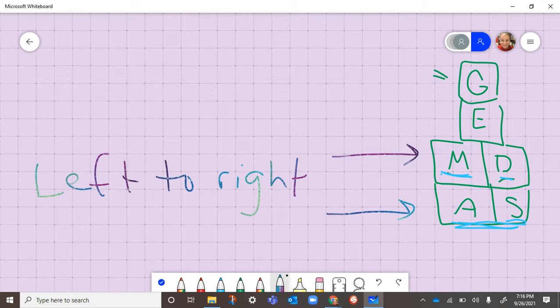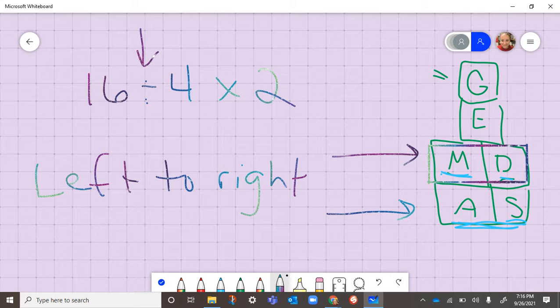So if I have 16 divided by 4 times 2, I always choose what's on the left first because those are side by side. I have to go with what's on the left. And when we get that down, I think we'll be doing a lot better. It's just like I said, we're kind of stuck and we keep thinking we multiply or we add always first. And we've talked about this several times, left to right. So if you can remember that, I think we'll be doing a lot better.